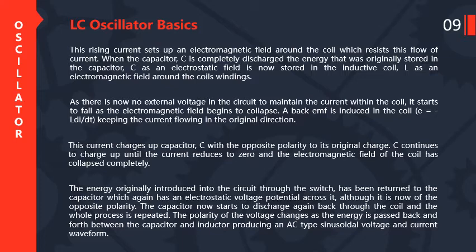The capacitor now starts to discharge again back through the coil and the whole process is repeated. The polarity of the voltage changes as the energy is passed back and forth between the capacitor and inductor, producing an AC type sinusoidal voltage and current waveform.